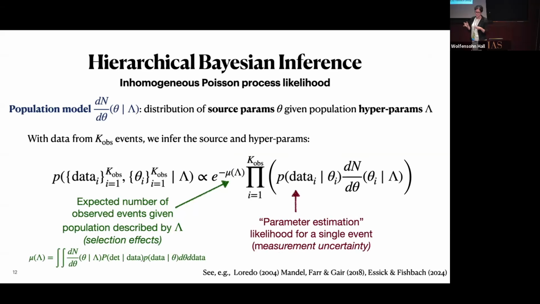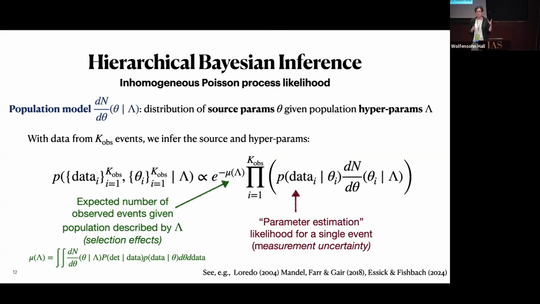So this is the hierarchical Bayesian inference formalism. Before we simplified things and we just had this Poisson distribution for the number of events given the rate and this sensitive volume.